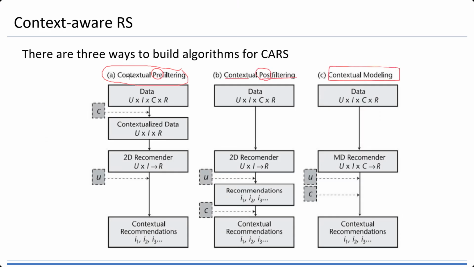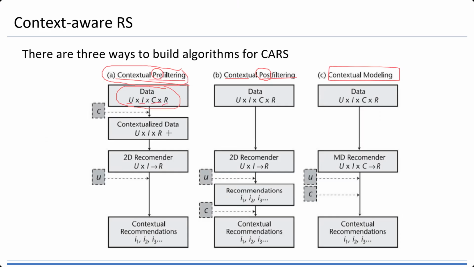For example, in the contextual pre-filtering, or before, we have the data. Just remember, U is the user, I is the item, C is the context, and R is the rating. We want to do the contextual pre-filtering.